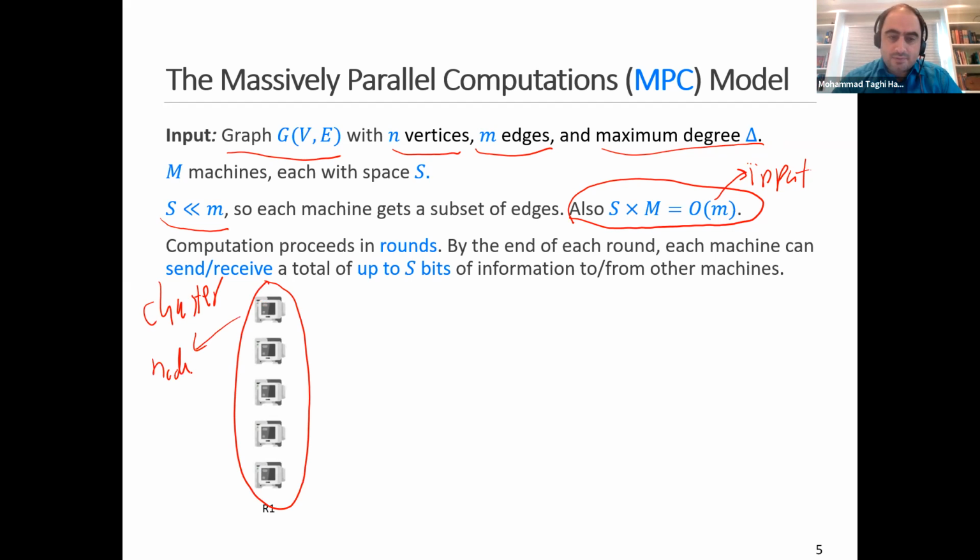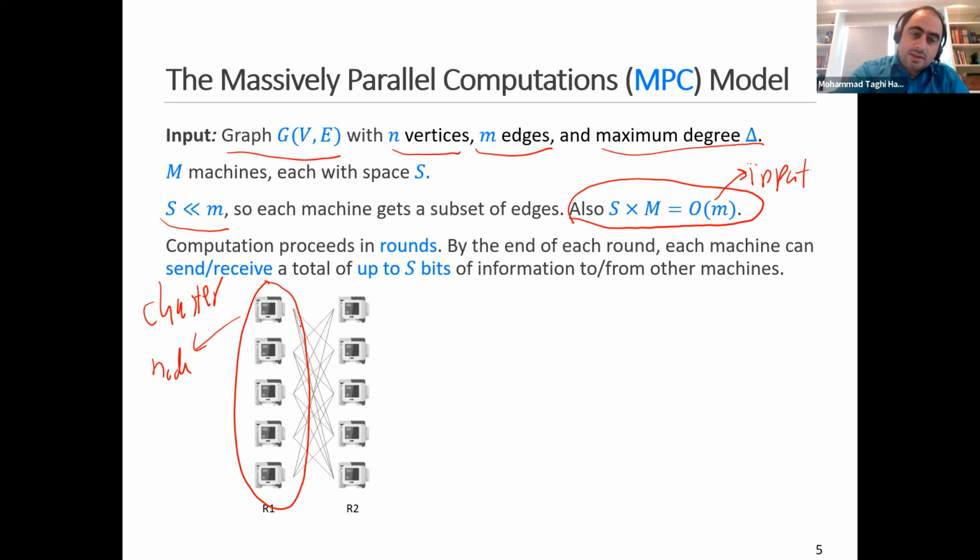So we have these clusters, and the data is distributed over them. Each of them can do some computations. And when they are done with their own computation, they can send messages to others. But the total message that they are sending should be at most S bits. And the total message that they are receiving from others should also be at most S bits, because that's the memory that they have.